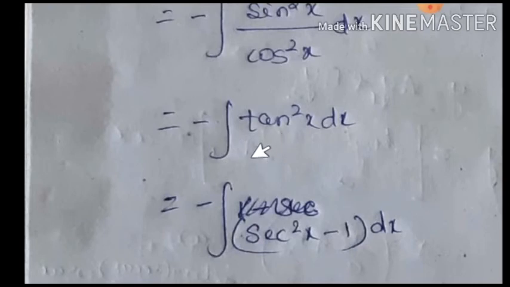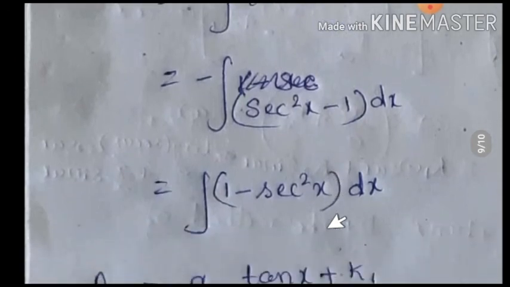We know our trigonometric formula, you might have studied it in PUC: 1 plus tan square x is secant square x. So from that, obtain tan square x as secant square x minus 1. We have a direct integral formula for secant square x.